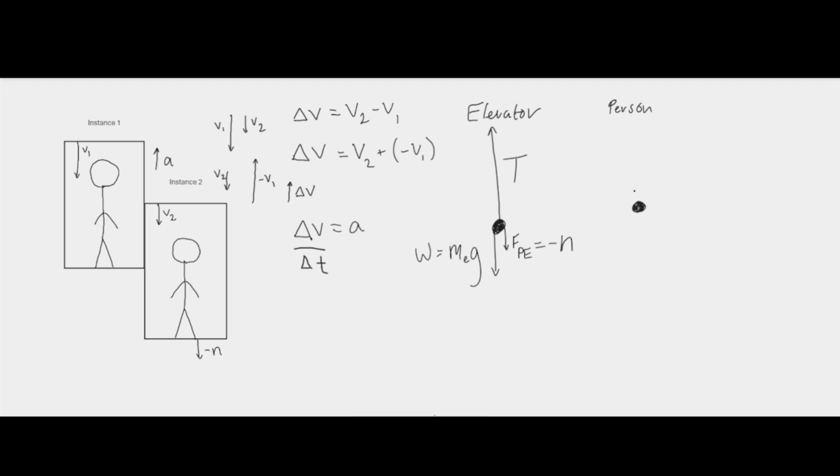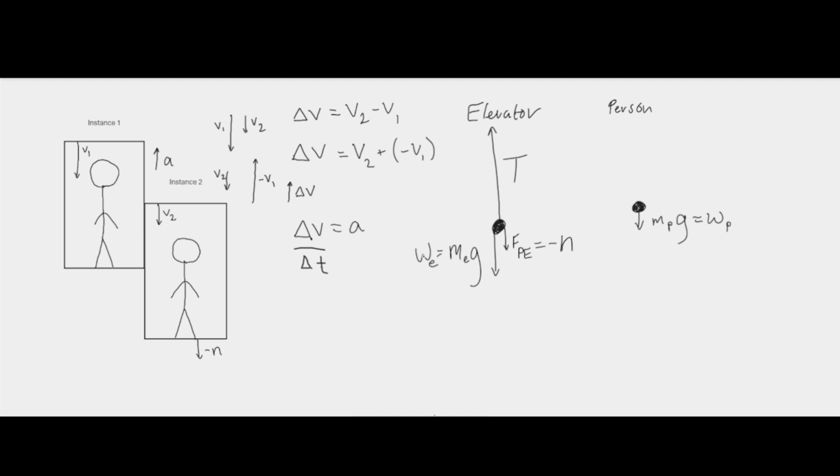And we're going to have this mass of the person times g. Now, this is not going to be the same as the mass of the elevator times g. Obviously, the elevator is going to weigh a lot more than a person. So if I call this the weight of the elevator, then this I would call the weight of the person.